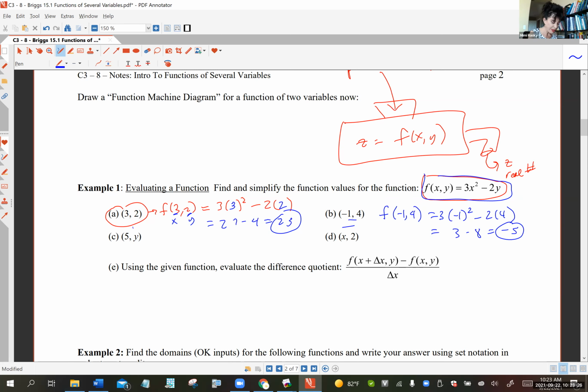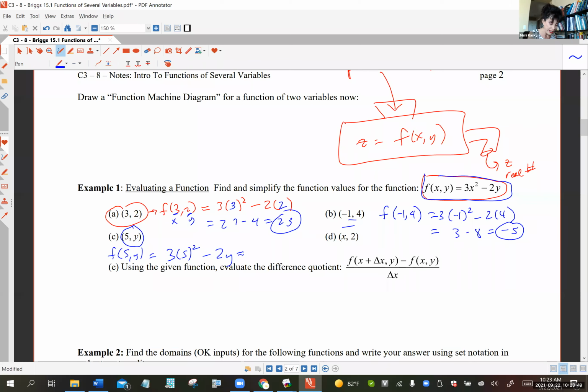Okay, now what if I fed it a point with a fixed x coordinate 5, but some variable coordinate y? No problem. Same thing you're going to do. You're going to evaluate at (5, y). So you'll substitute a 5 in place of any x's that appear in your function, and you'll leave the y alone.